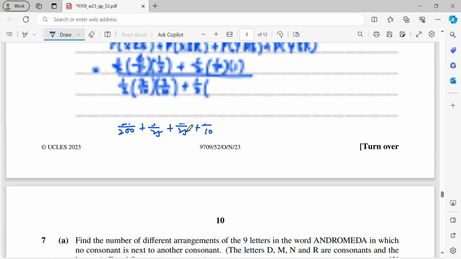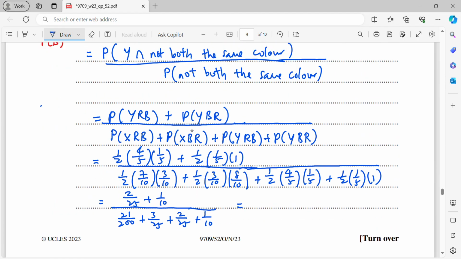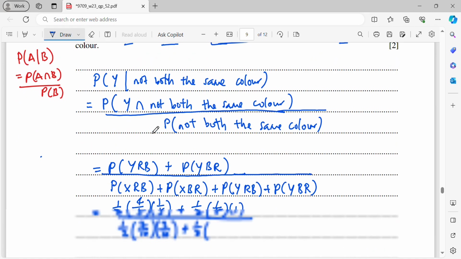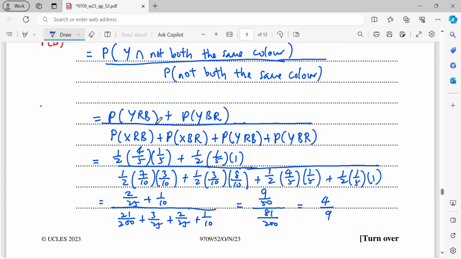Okay, then from here, I will be getting 9 over 50 divided by 81 over 200. So at last, it will be 4 over 9. So that's your probability. Okay, so this is your final answer.